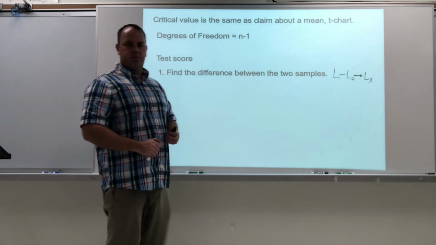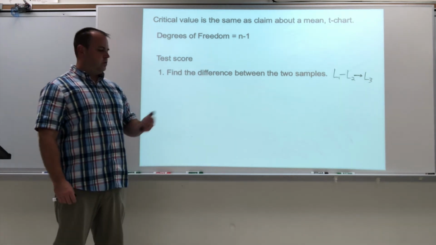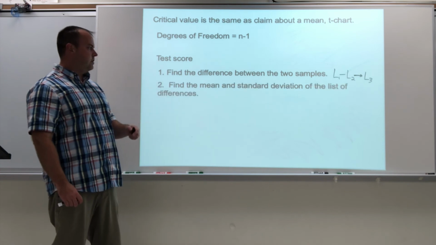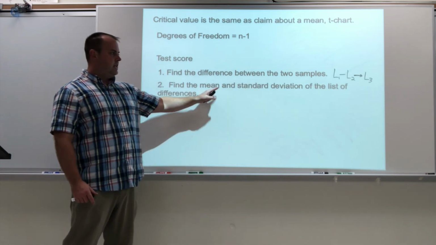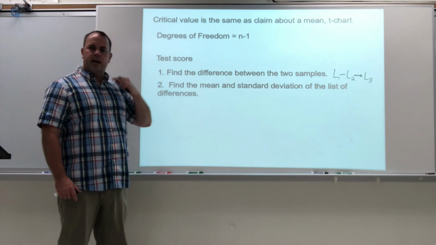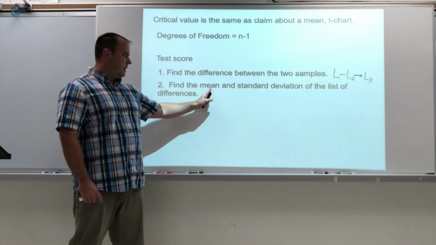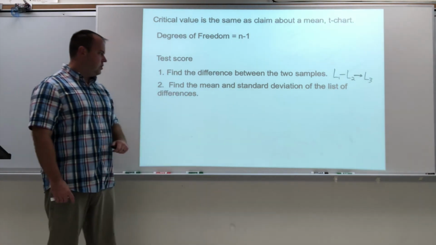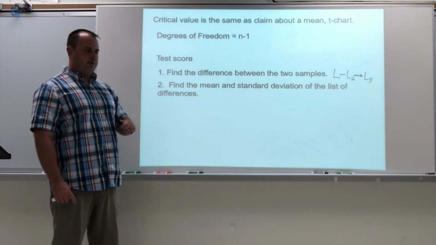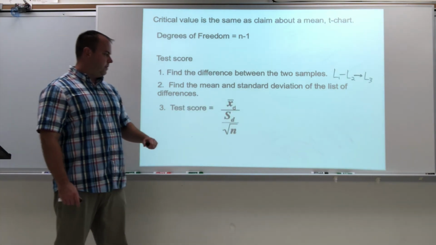That's going to do the subtraction for you and speed up finding the difference of the two samples, because once you find the difference, you need the mean and the standard deviation. Well, if L3 already has the list in there, you can go ahead and do one variable stat, and that'll get you the mean and standard deviation, using L3 for that.